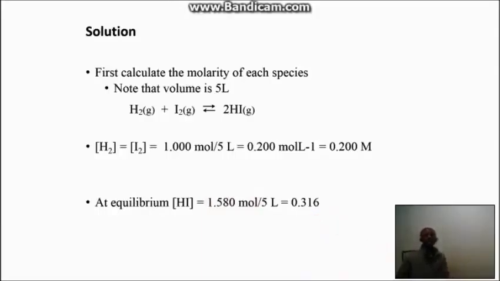So we now have what we can call initial concentrations for hydrogen and iodine. That is concentration before equilibrium. But now we have the final concentration, that is the equilibrium concentration for HI. So the question is, how do we proceed from there?